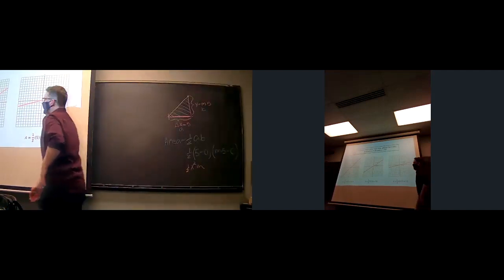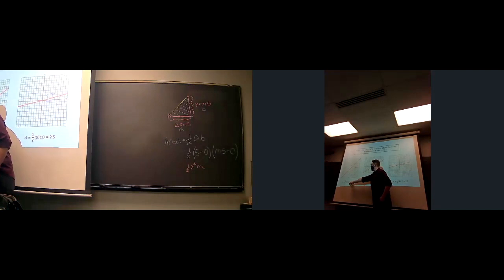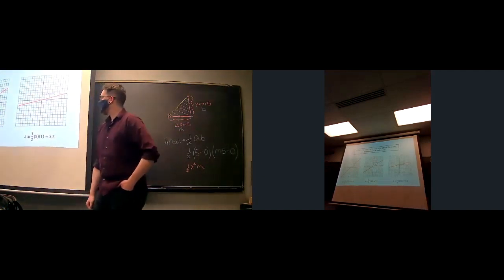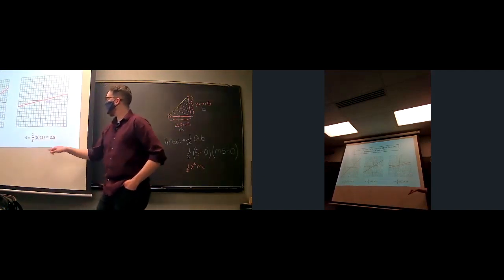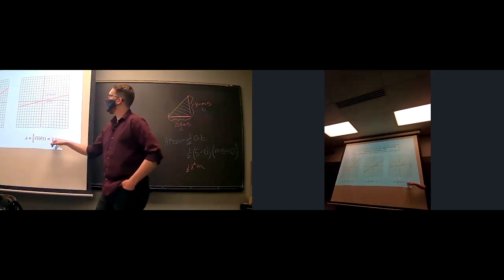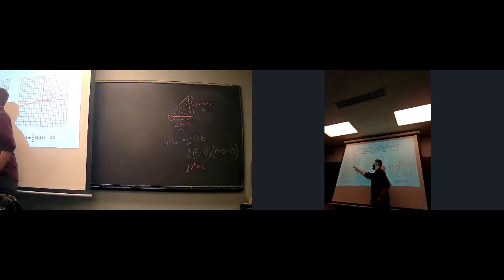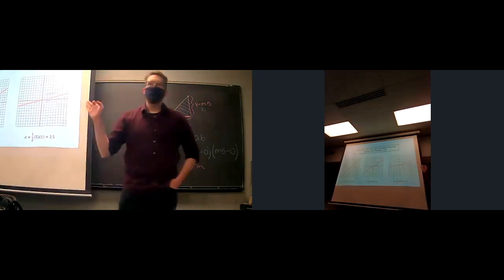Now, we can generalize this a little bit more. Well, before we get there, I just want to point out what this comes out to be is 1/2 25, so 12.5. 1/2 15, so 7.5. 1/2 5, so 2.5, right? Notice as the slope decreased, the area decreased, right?